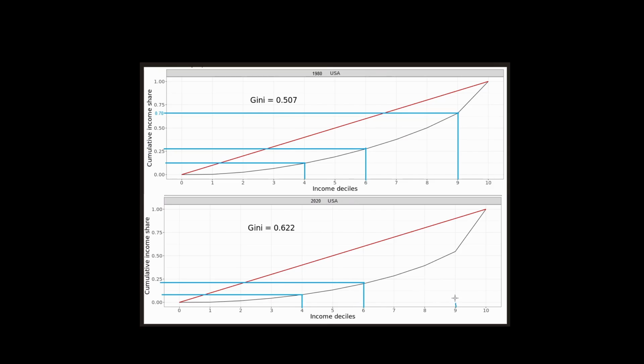Again, same question. What about up at the 90th percentile, that cutoff between being in the top 10%? We see the share has gone from nearly 70% of income down to 60, maybe even 55, 52.